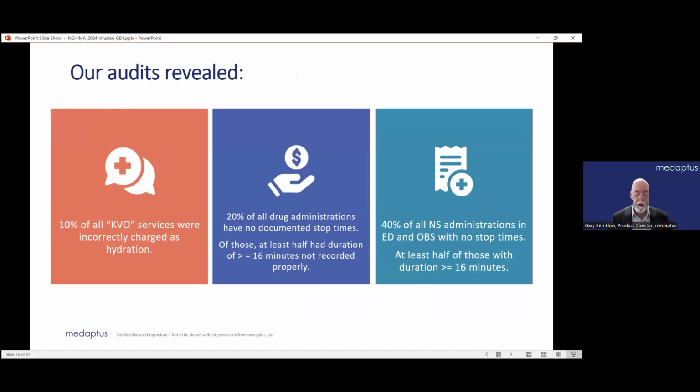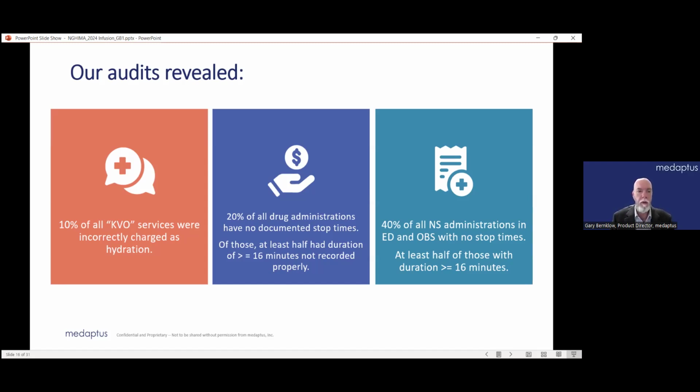Some of the very common errors we saw were that 10% of the KVO, keep vein open, services were incorrectly charged as hydration. The reason is they're documented essentially as normal saline being given over the course of 6 hours, and if that's all the documentation you have in your EHR, it looks to a coder like it should be a hydration service.